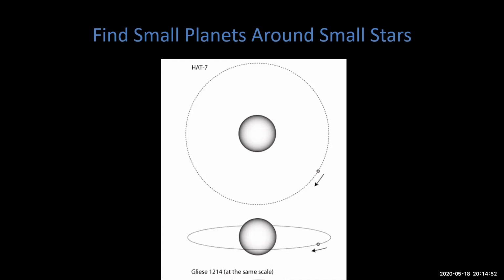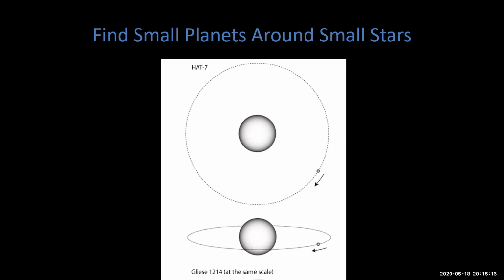So one thing about this diagram is that it shows why the inclination matters. A planet that is inclined perpendicular relative to us as the observer cannot be seen using the transit method.